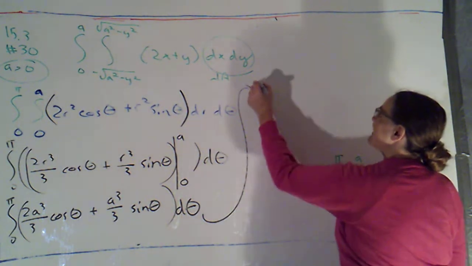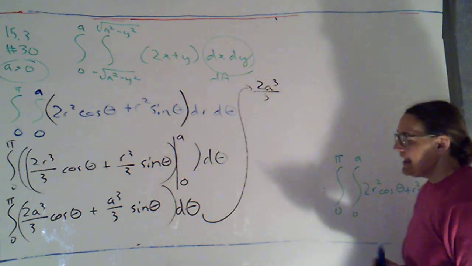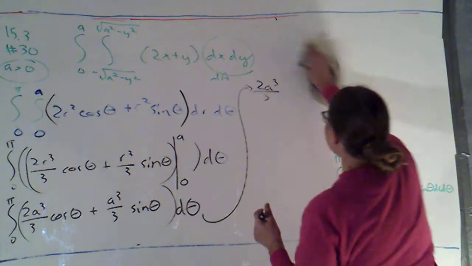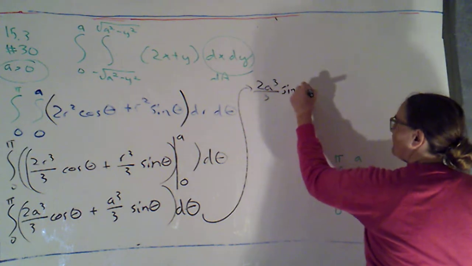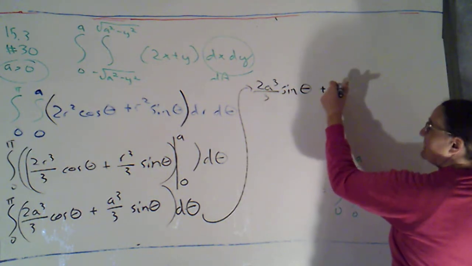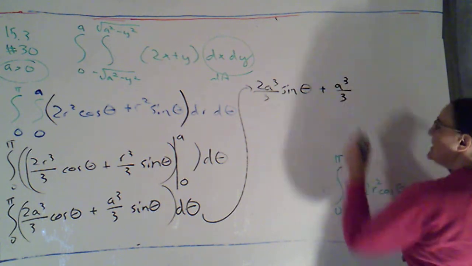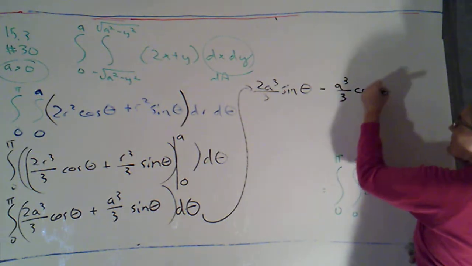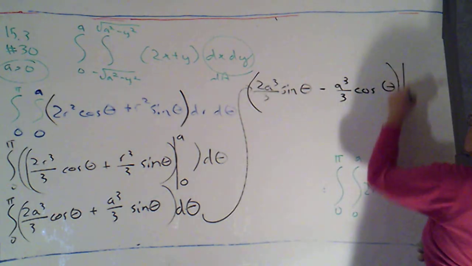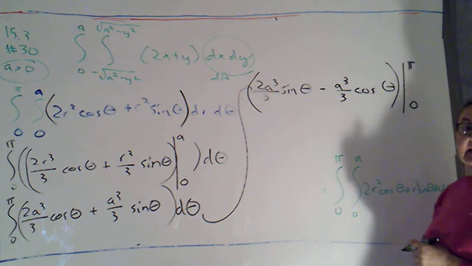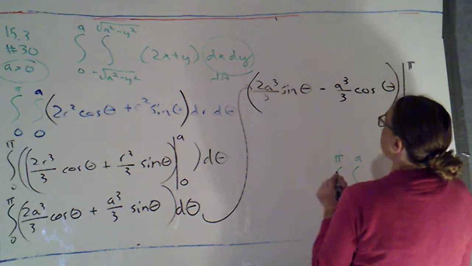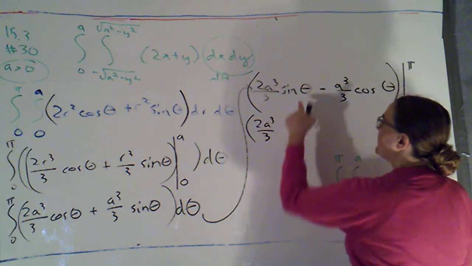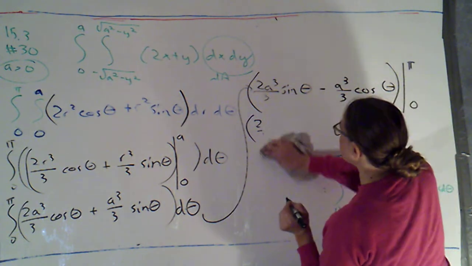So that's going to be 2a cubed over 3 times an antiderivative of cosine, which is just sine, plus a cubed over 3 times an antiderivative of sine, which is actually negative cosine, so I'll make that a negative cosine of theta. And then all of that's evaluated between pi and 0. What we get at pi is 2a cubed over 3 times 0, because sine of pi is 0.